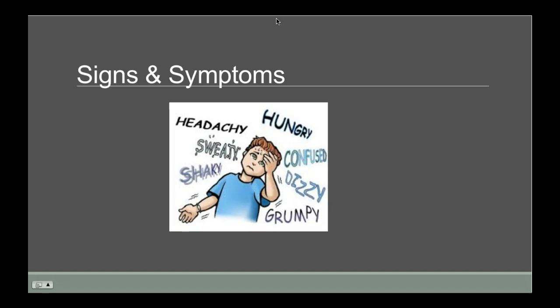The signs and symptoms of hypoglycemia include shakiness, nervousness, diaphoresis, hunger, pallor, as well as altered mental functioning, trouble speaking, confusion, stupor, coma, and potentially death if it's not treated. The brain requires glucose to function properly. There's nothing else that the brain can use for energy.